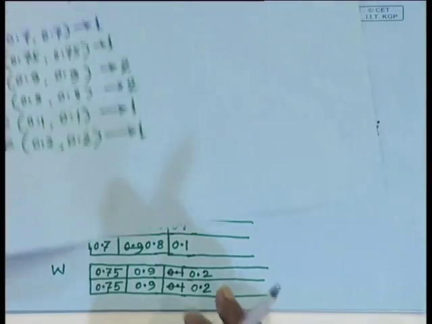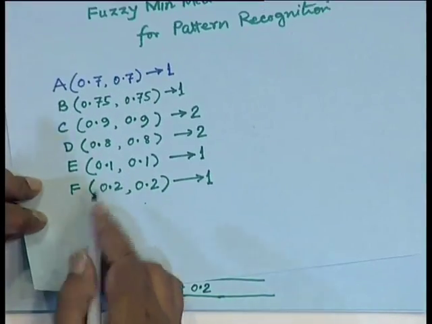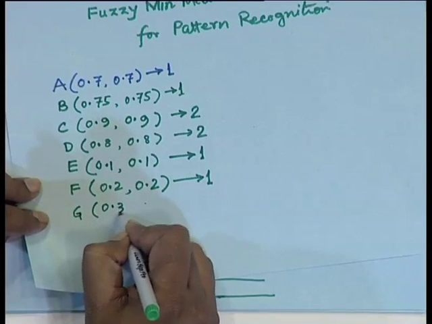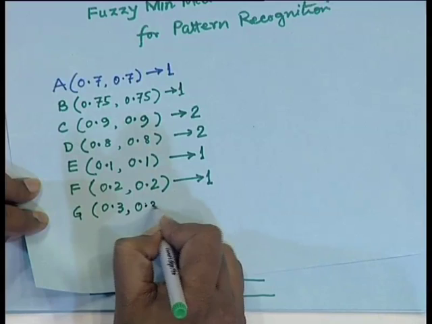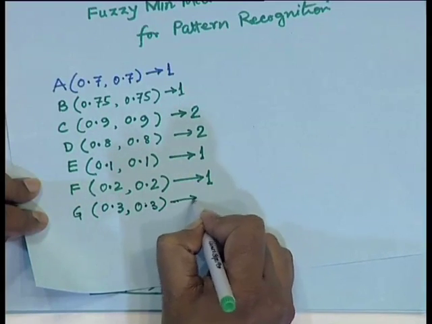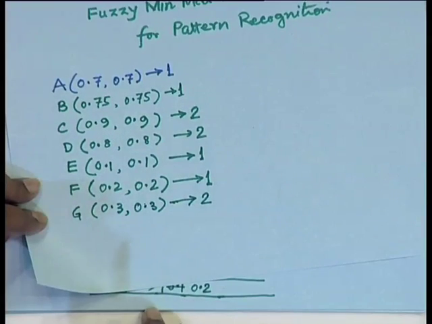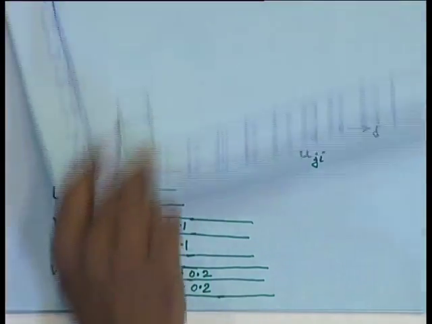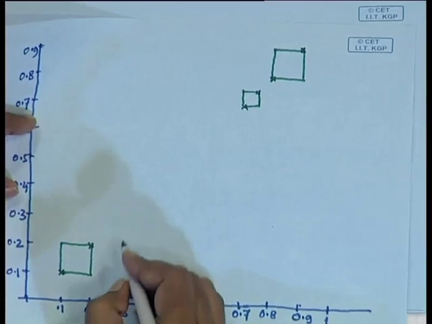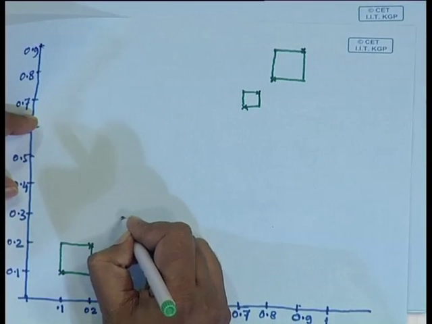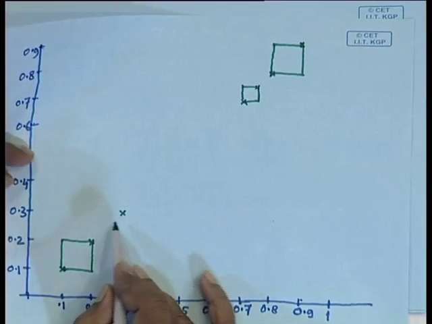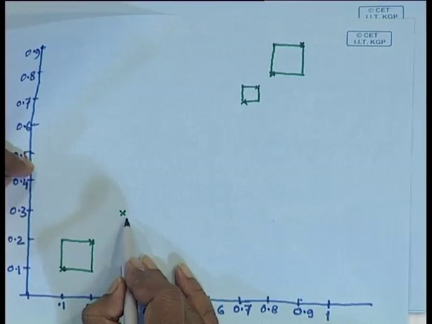Then let us take the next point, that is G, where the vector is 0.3, 0.3, and this belongs to class 2. So, 0.3, 0.3, if I put over here, comes at this location. So, you find that this belongs to class C2.